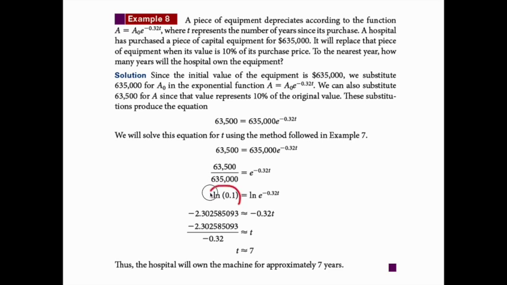And all that's left is we need to just divide both sides by negative 0.32 and then put it in the calculator and find an approximated value. When we approximate this and round it, we get 7 years. So it's going to take 7 years for this value to depreciate to 10% of the original value.